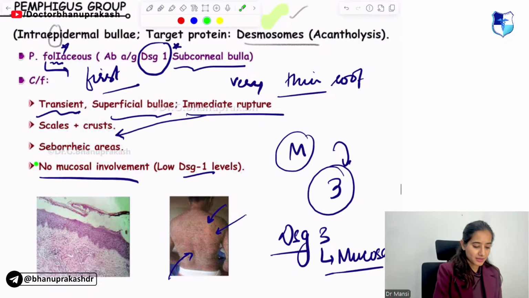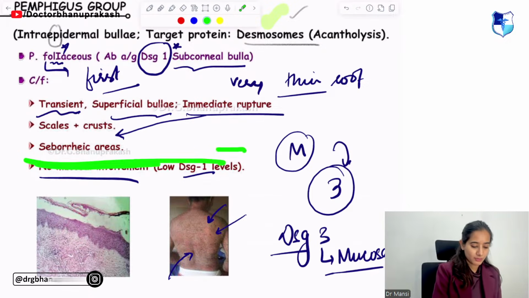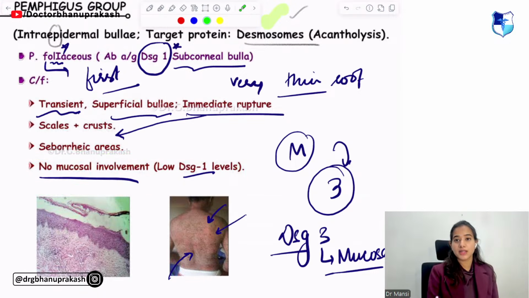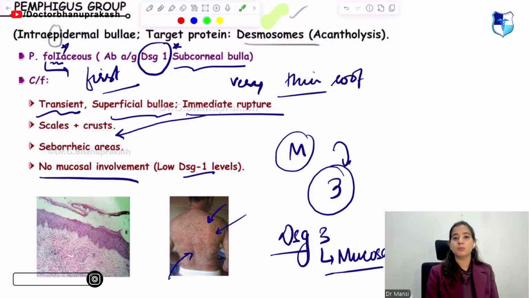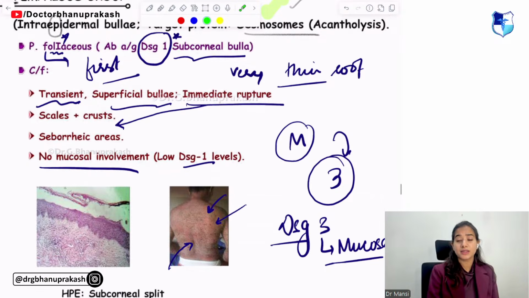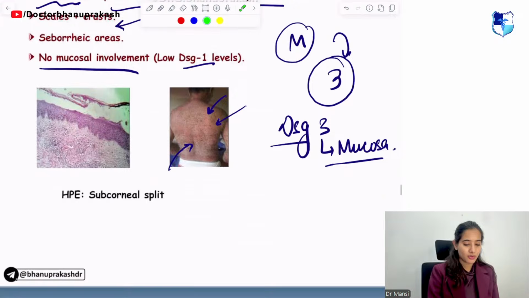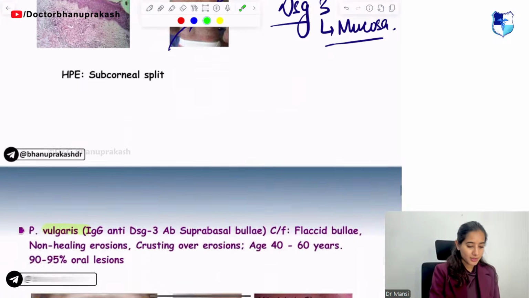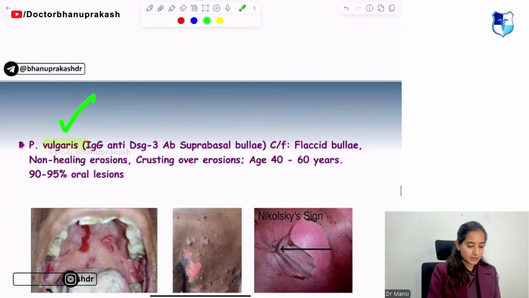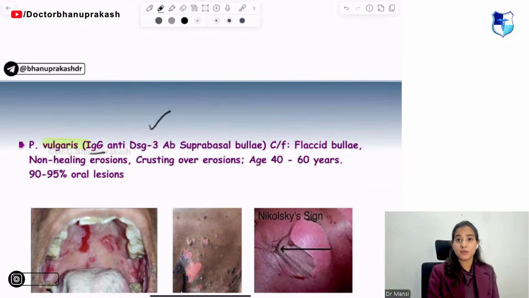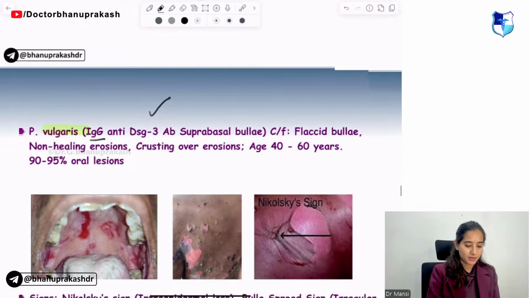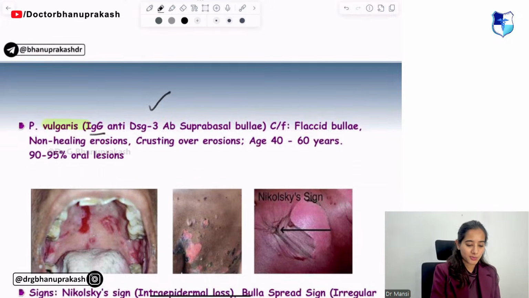So that is why there is no mucosal involvement, which is important for you to diagnose foliaceous. Whereas when we move to the vulgaris part, we'll see that the desmoglein 3 antigen will be involved. So in vulgaris there is IgG antibody against desmoglein 3, whereas in the foliaceous variant we had antibodies against desmoglein 1.